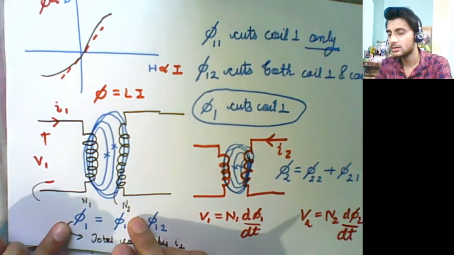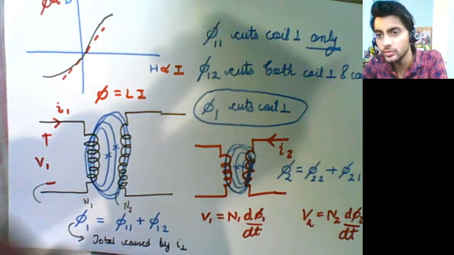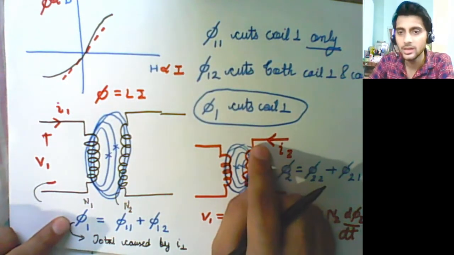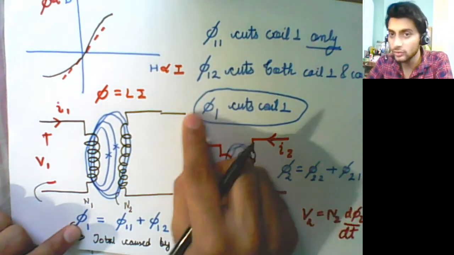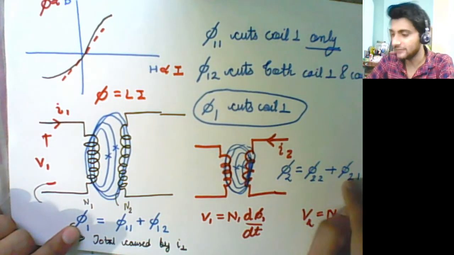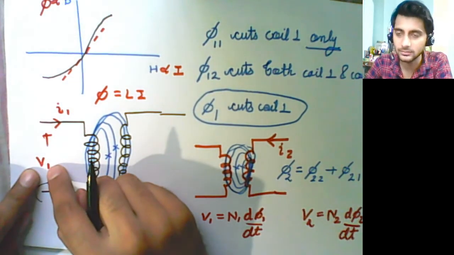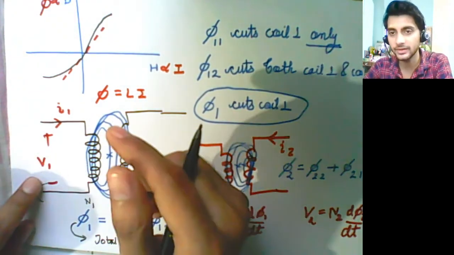But there is some portion which is induced or introduced by the flow of I2 as well. So this phi 1 is not the complete flux. When I2 will flow, there will be another portion which we can call phi 21 that will add on to the voltage V1. Okay, so phi 21 will also add to the voltage V1 in a particular way.